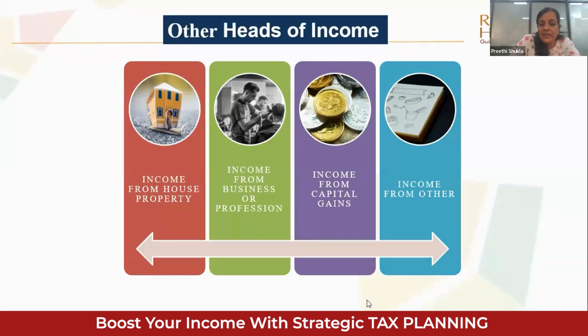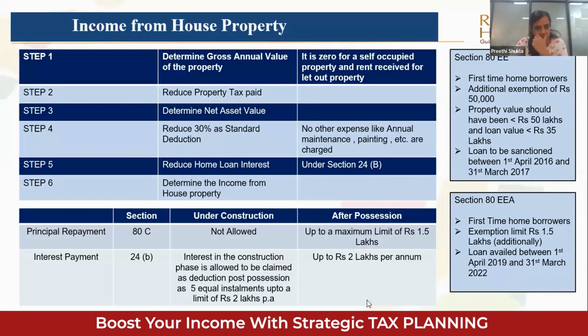Other heads of income are income from house property, business or profession, capital gains, and income from other sources. We are going into the details of it. So, income from house property, you can either take self-occupied or let-out property. These are the steps to compute your net income from house property.